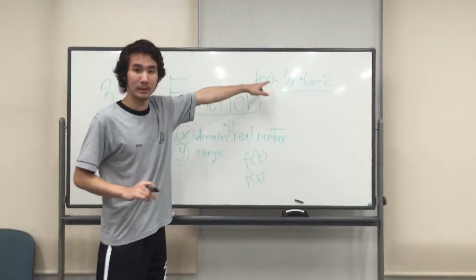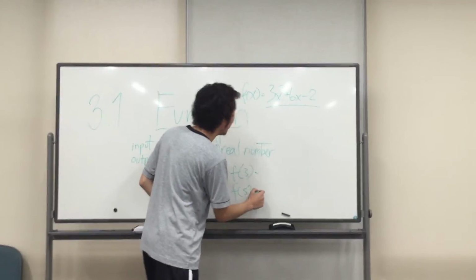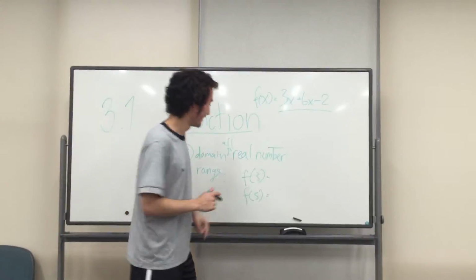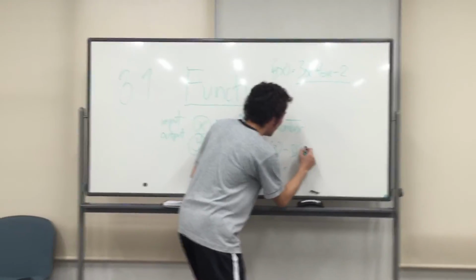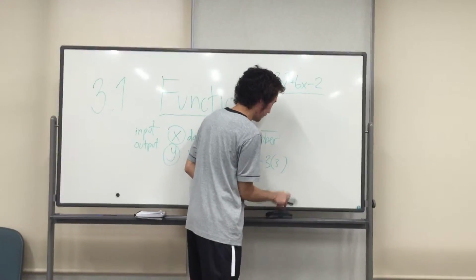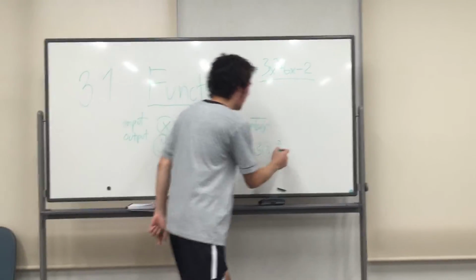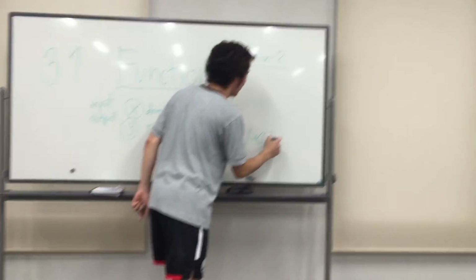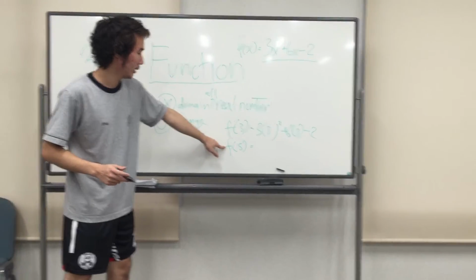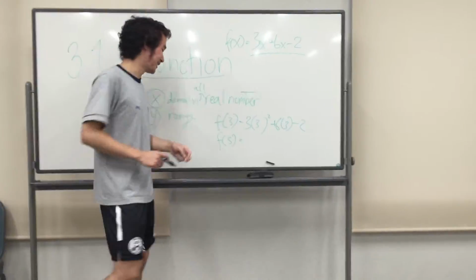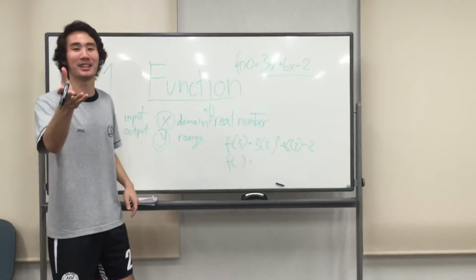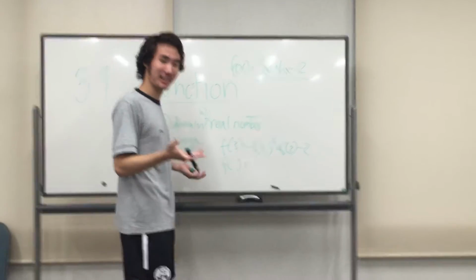Right, let's make it fast. Plug 3 inside. Plug 2 inside. So what is going to come out? It's going to be 3 squared, plus 6 times 3, minus 2. Let's do both sides, it's going to be easier and faster, because I told you the class is going to be over and this is taking a lot of time.